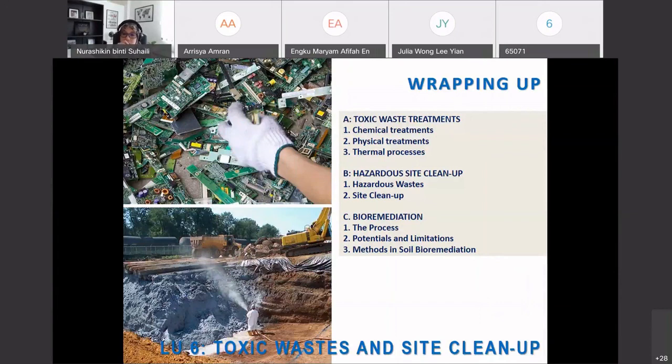Then we went briefly into the stages or steps to be taken into consideration when we want to clean a hazardous site, about 9 steps or so. And then the last part is bioremediation. What is bioremediation? Also some potentials, limitations, and the methods in soil bioremediation, in situ and ex situ. And I also introduced the real case scenario, the oil spill at the Gulf of Mexico.